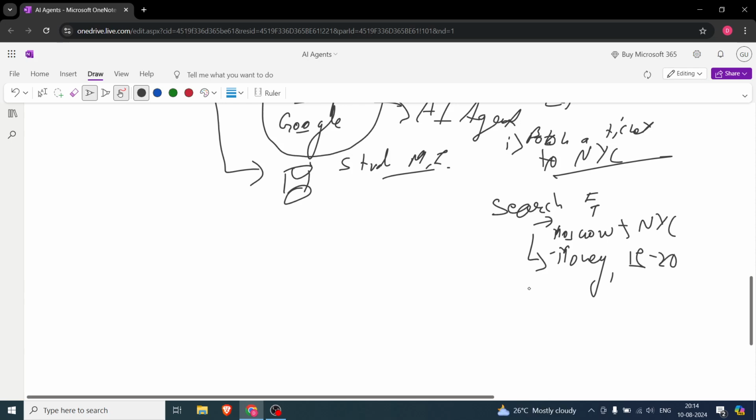So it needs to calculate extra things. Okay, you want the tickets for two people, then what is the cost of one, that is let's say $1,000. Then for two it is going to do a calculation and give you the answer $2,000. So you need a calculator, you need a search engine to basically find out what flights are there.